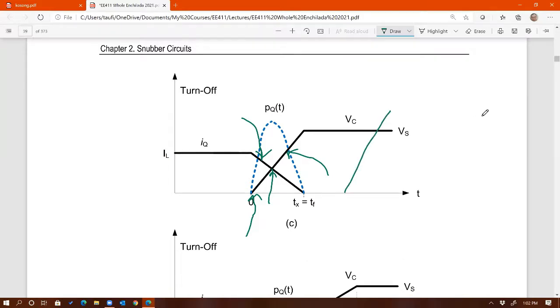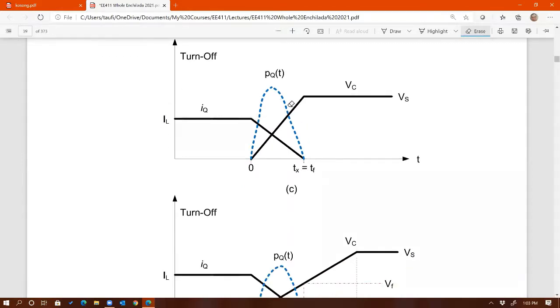You're going to have a quadratic equation. So calculating switching loss with a snubber is going to be a bit more challenging than before the snubber. I just want to give you a heads up on that one.